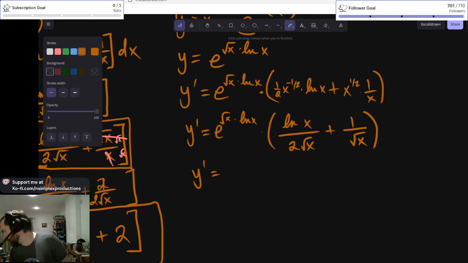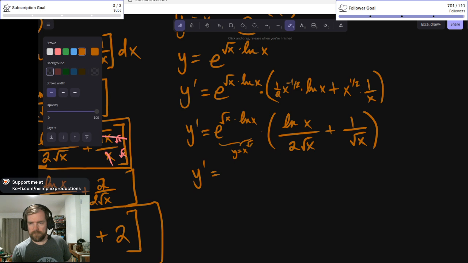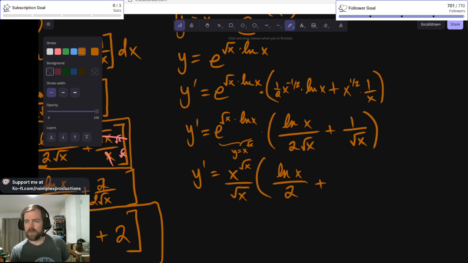Let's see, what do they do? Yeah, they do that eventually. They also take the root x out and put that on the bottom, and leave it as natural log of x over 2 plus 1.